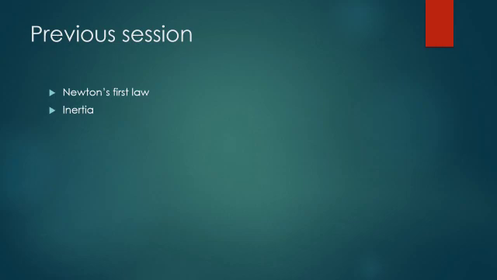What is inertia? Inertia is the natural tendency of the object to stay in its same state. So if it is at rest, it is going to be at rest. It is not able to change its state of rest or motion. The object cannot change by itself.